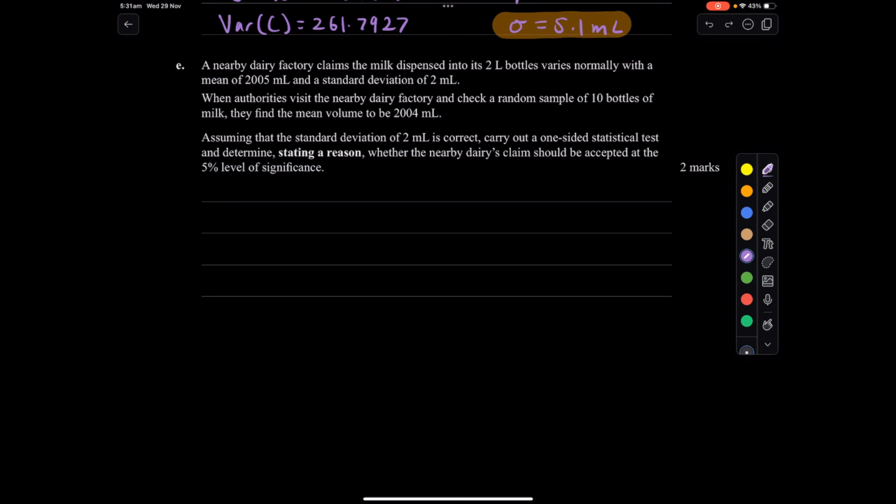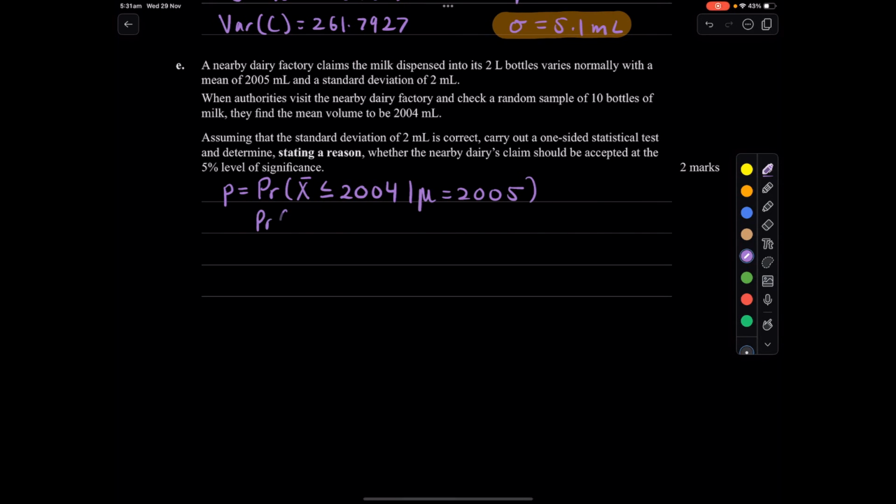Okay, we just actually need to find this p-value. So the p-value for this statistical test will be the probability where X, because we're claiming that it's become less, so it will be less than or equal to that 2004, given that your mean is normally 2005.